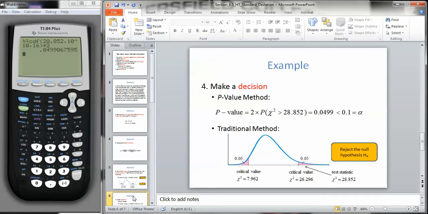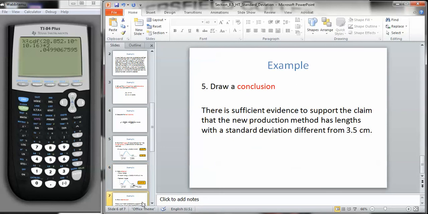That still leads us to reject the null hypothesis. After that, draw our conclusion, starting with the conclusion template in section 8.2. There is sufficient evidence to support the claim, and then go back to our question to see what the claim is, which is that the new production method has lengths with a standard deviation different from 3.5 centimeters. Okay, so that's it.